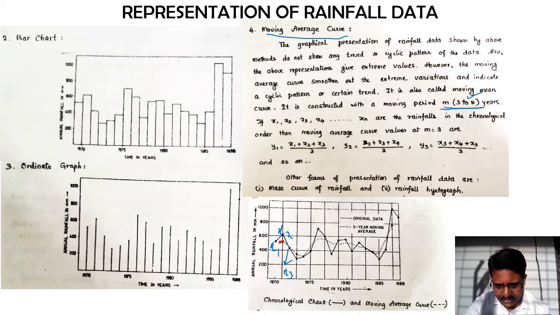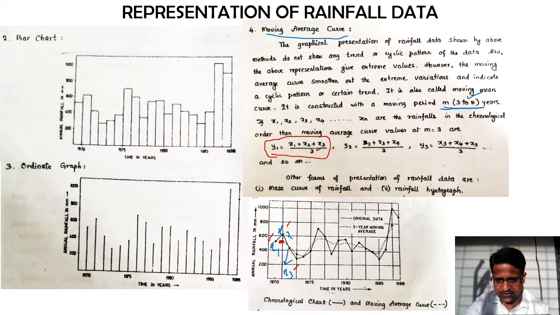The starting point of this dotted line indicates the first point on the moving average curve. This value has been arrived at by averaging the x1, x2 and x3 values. So y1 equals x1 plus x2 plus x3 divided by 3, the average of all 3 years. So y1 is nothing but this first ordinate.